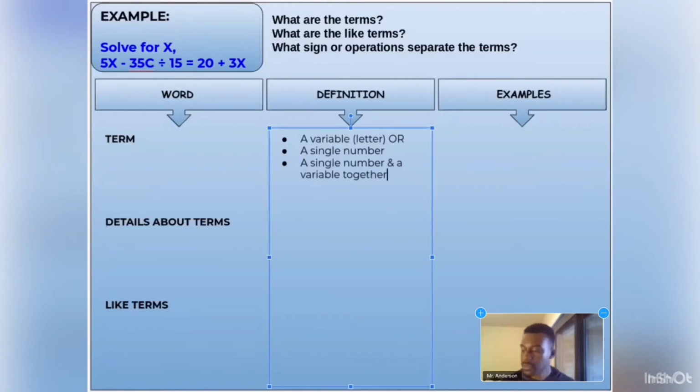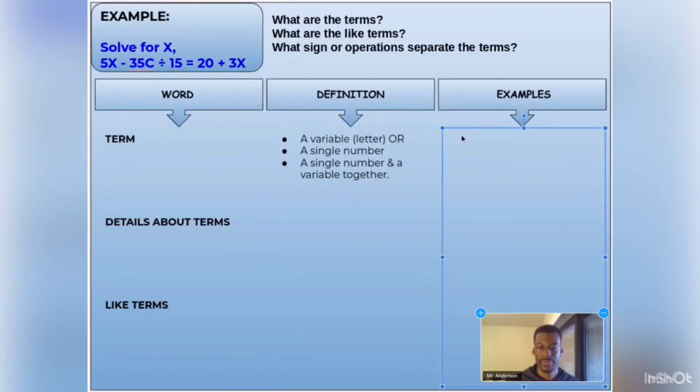All right. So let me show you what I'm talking about. The term, or the word term, can be a variable, which is a letter, or a single number. And when I say single number, I don't mean like 1 or 2 all the way up to 9. I mean, it could be 10, it could be 100, it could be 200. All right. Or a single number and a variable together. Let me show you what I mean. All right.